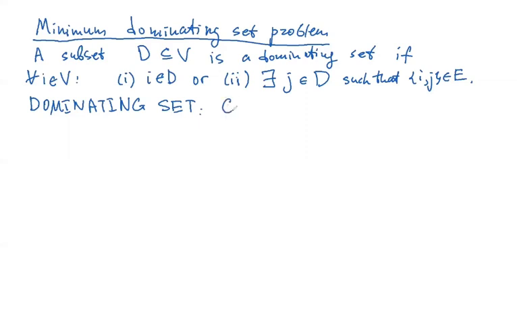So it's going to be given a graph G and an integer K. You need to answer the question, does there exist a dominating set of cardinality at most K in G?